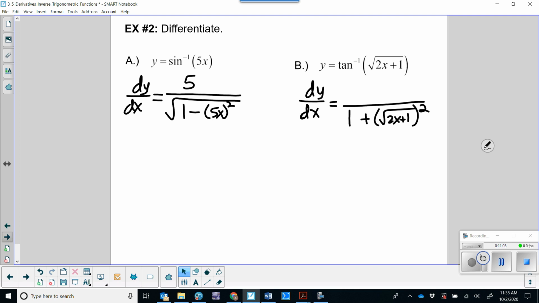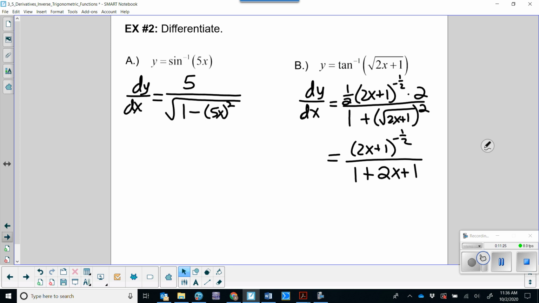Then the top is the derivative of the inside, so that would be 1/2 times 2x plus 1 to the negative 1/2 times the derivative of the inside of that, which is times 2. So now let's just rewrite it, and we can even just leave the top 2x plus 1 to the negative 1/2. The bottom is 1 plus 2x plus 1.